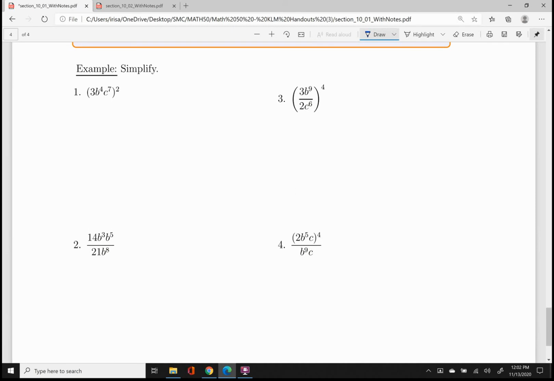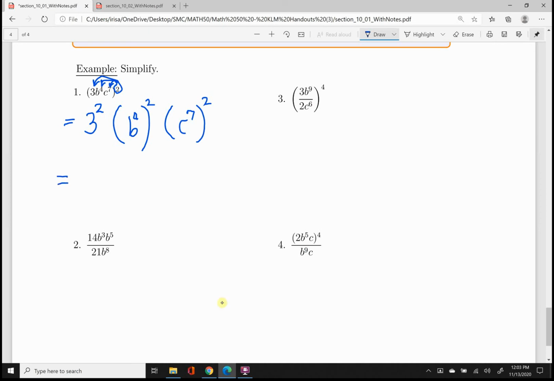Not again, we're simplifying them for the first time, but we're just getting a little bit more challenging problems here. So I notice that I have an exponent raised to a product. So this 2 exponent is going to get distributed to the 3, the b to the 4th power, and the c to the 7th power. So in these 2 instances with the parentheses, we're going to implement the power rule, and that means multiplying the exponents.